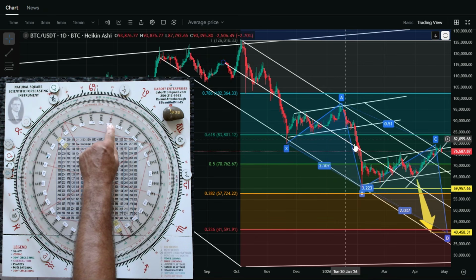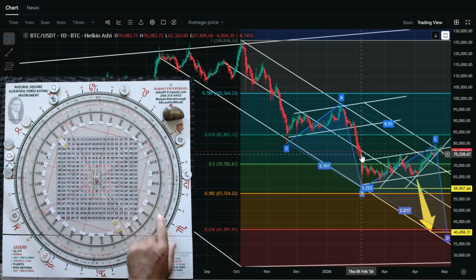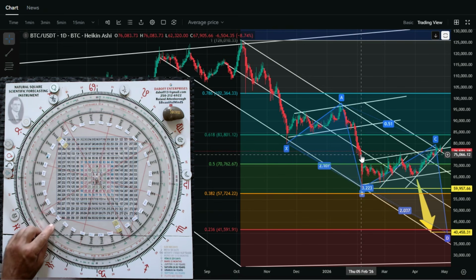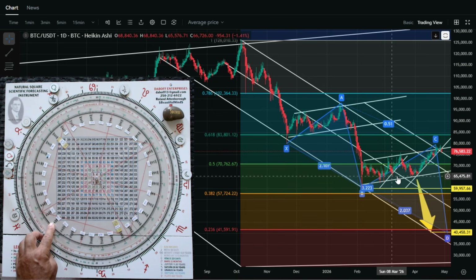Well, our next point is the February 4th period right here. Numbers are getting small. It's right here, and on our ring we have 66, which at that point is right here in the middle or bottom part, the underbelly, of this channel.